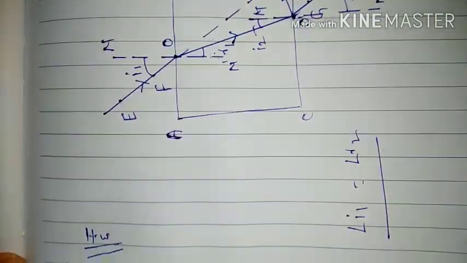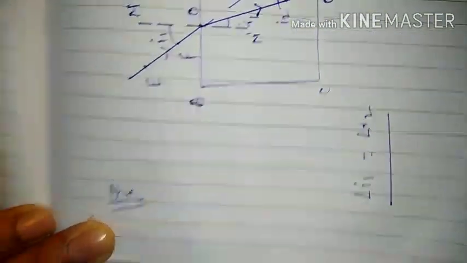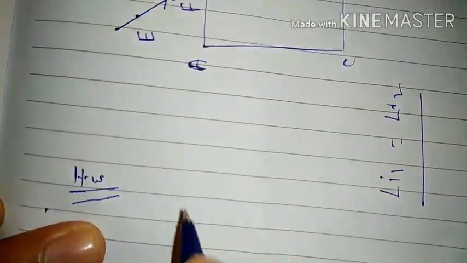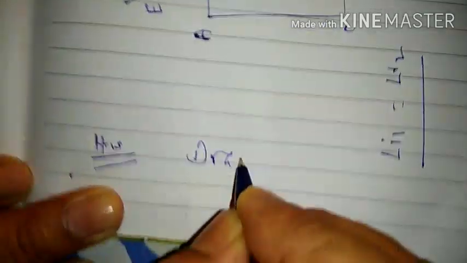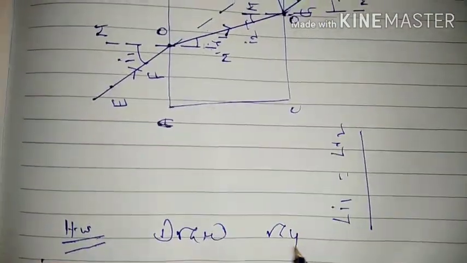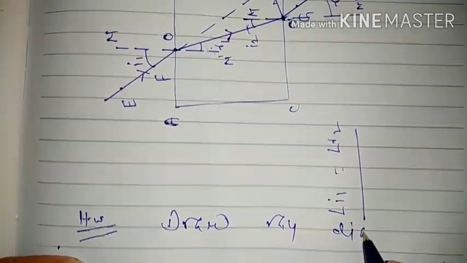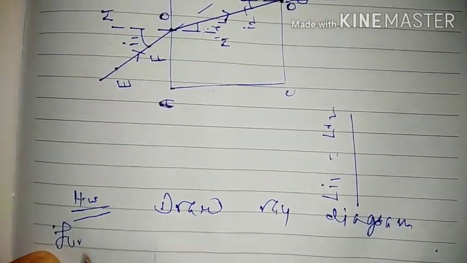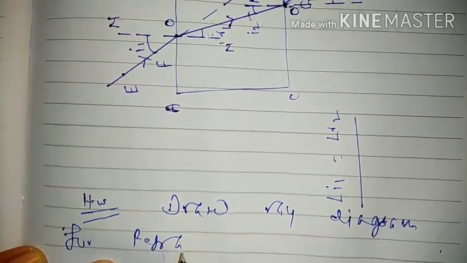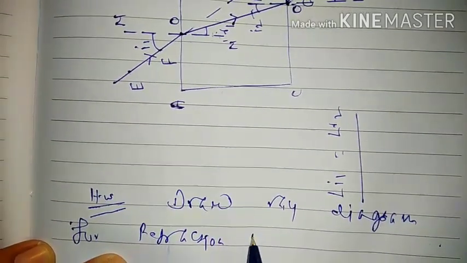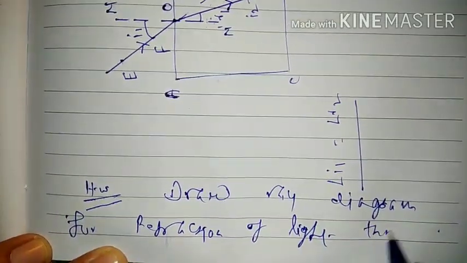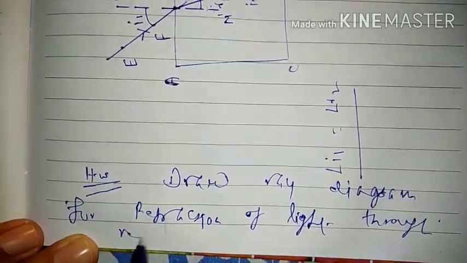So once again your homework is that, because our motto is to learn it really, not only to complete our syllabus. So draw a ray diagram for refraction of light through a rectangular glass slab.